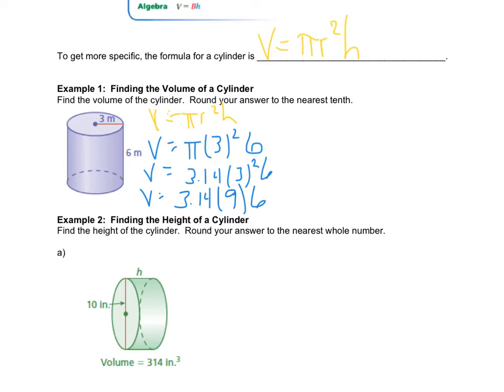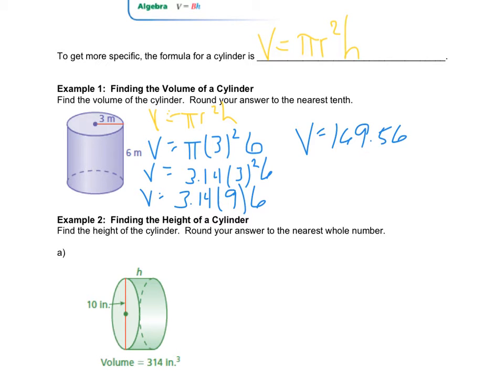Now this is all multiplication. So if I just use my calculator, I can do 3.14 times 9 times 6, and I get volume equals 169.56. Now again, this problem says to round to the nearest tenths.